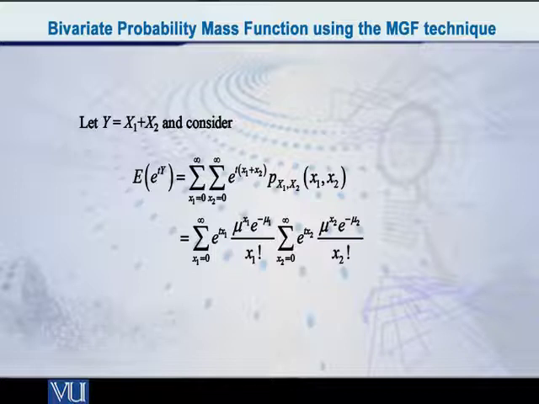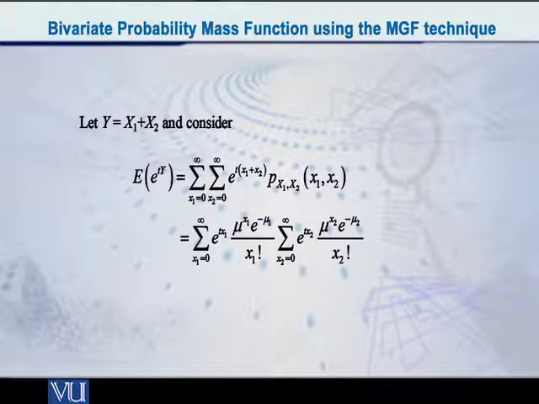तो इनमें से ये सारी चीज़ें जिनके अंदर x1 है, they will come out of the second summation, which is over x2. So what will be the expression then?